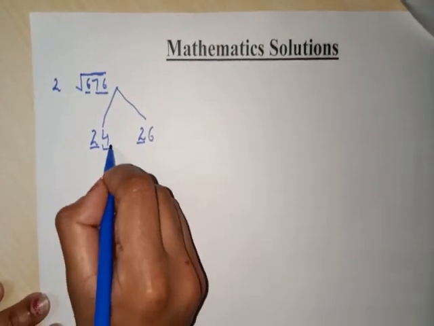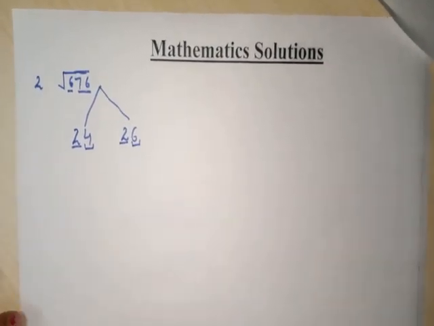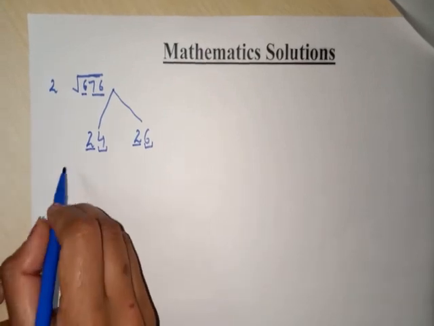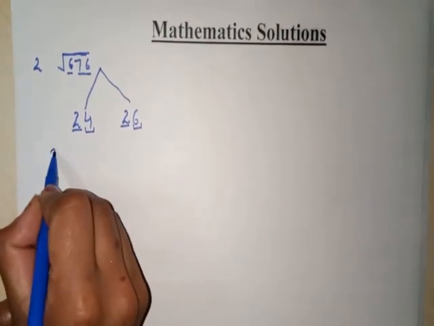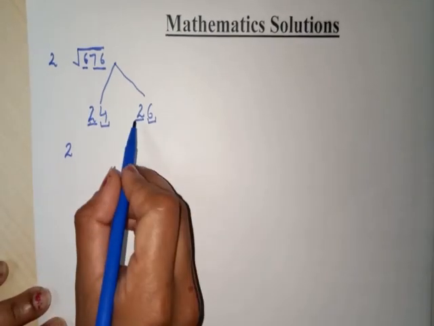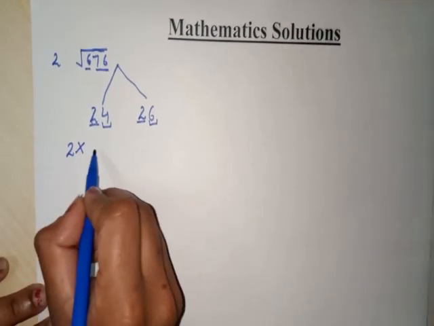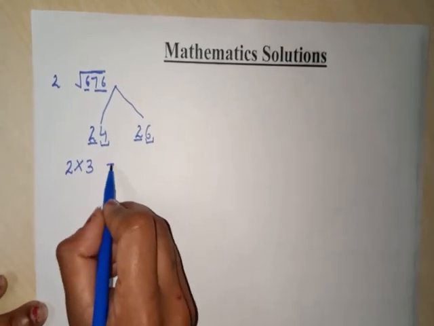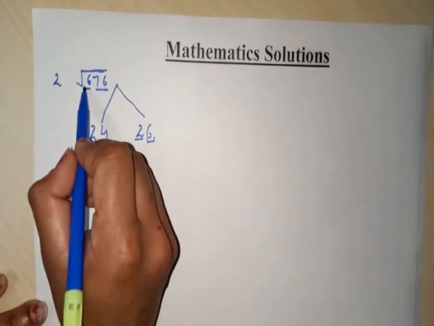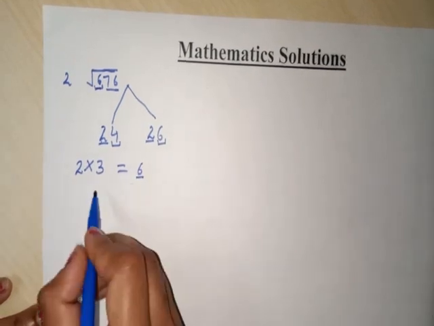But out of 4 and 6, which is the correct number at the unit place? So for this, as we did in the first example, we find the product of this number with its next number. Obviously the next number is 3, 3 times 2 is 6. Now you can see that the number here is equal to this product.